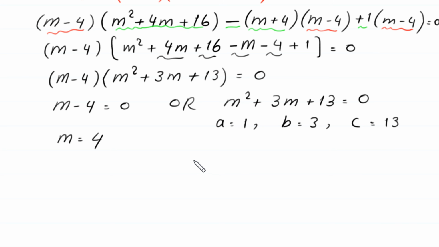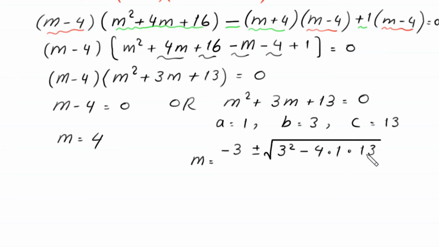According to the quadratic formula, m = (-3 ± sqrt(3^2 - 4 times 1 times 13)) divided by 2 times 1.